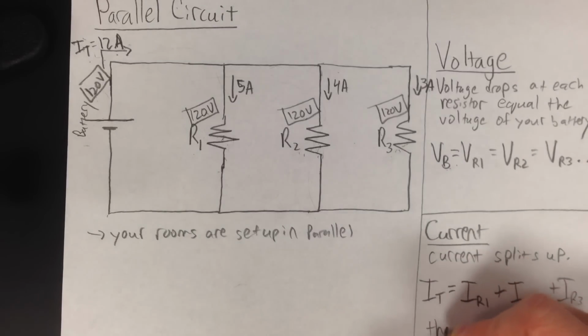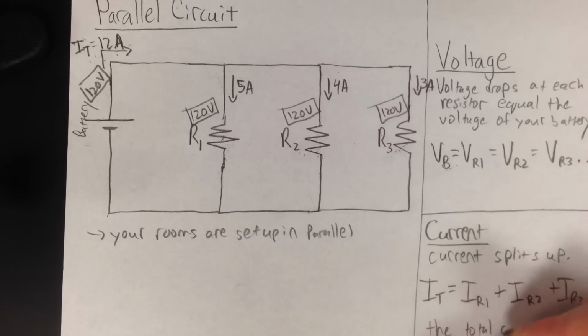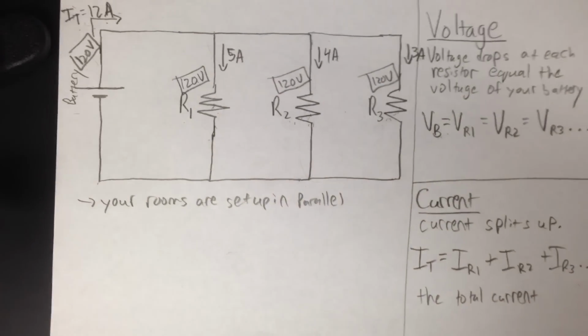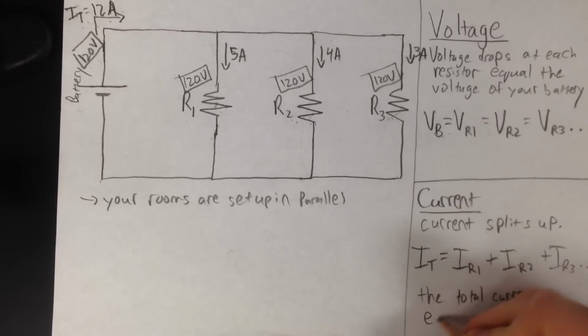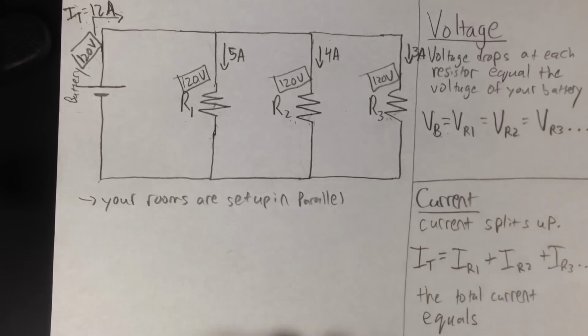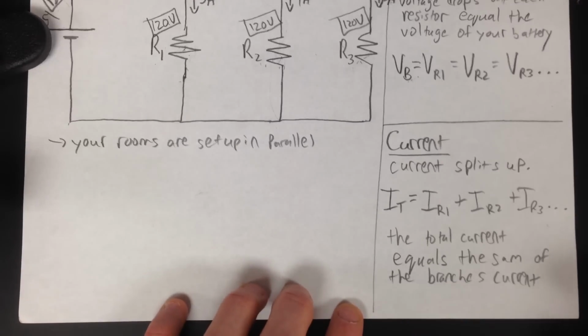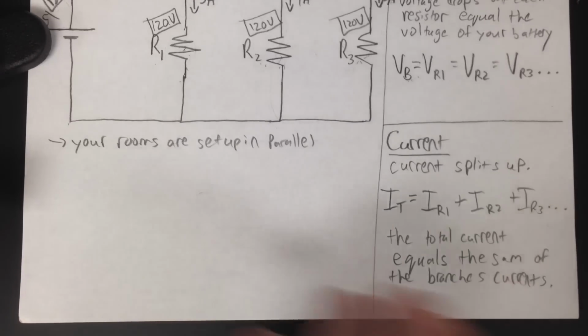So the total current, we'll write down, equals the sum of the branch currents. There you go.